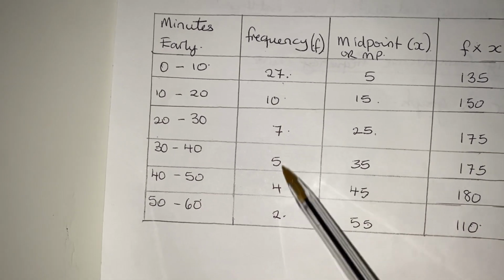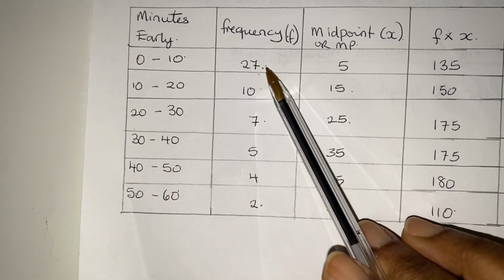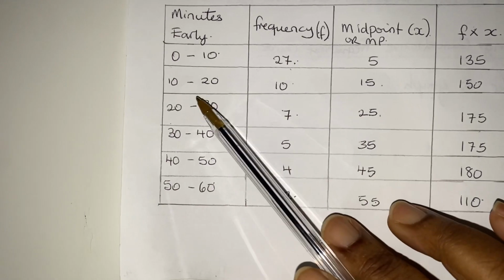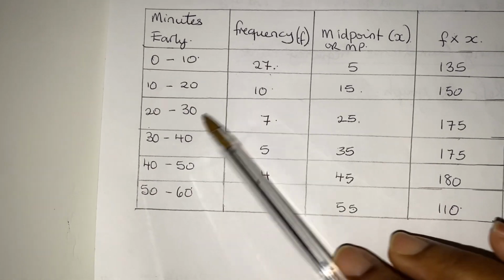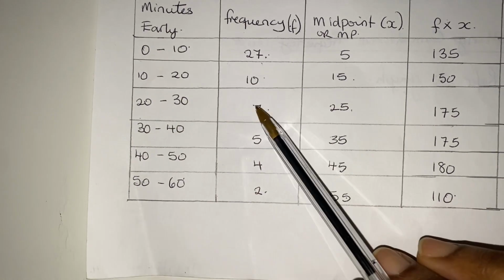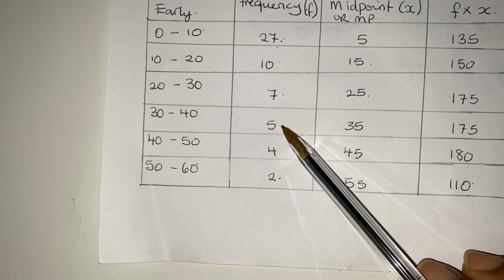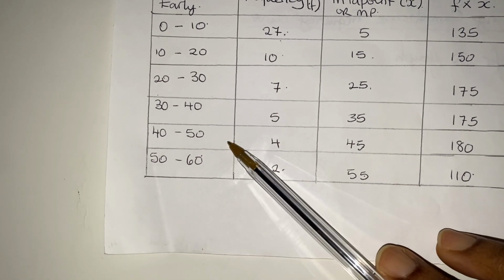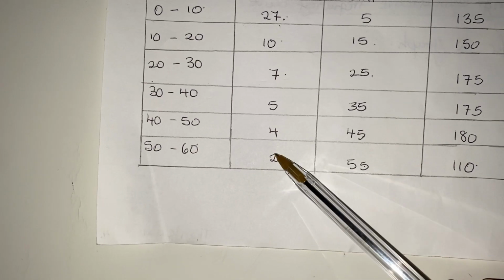And this is the frequency. So 0 to 10, 27; 10 to 20, 10; 20 to 30, 7; 30 to 40, 5; 40 to 50, 4; 50 to 60, 2.